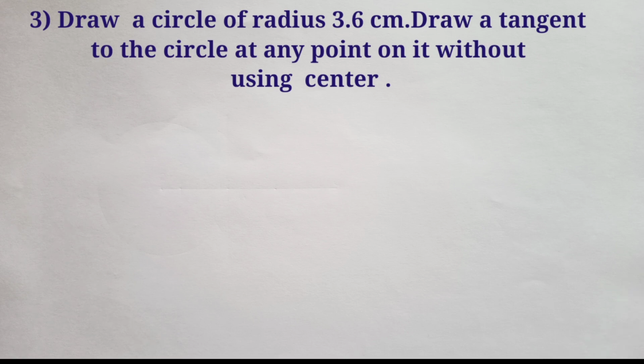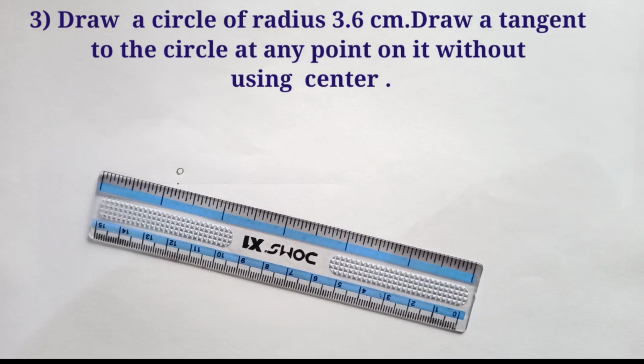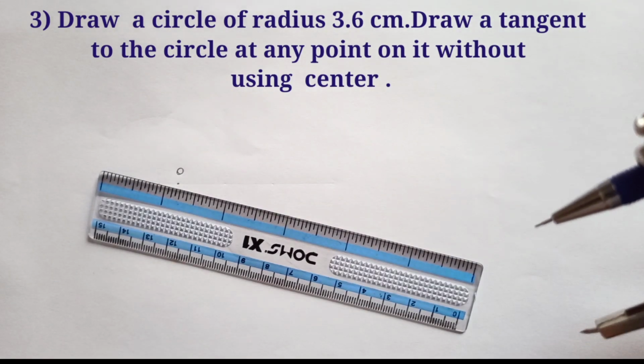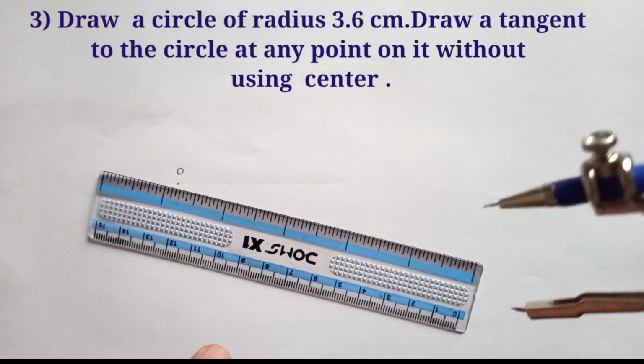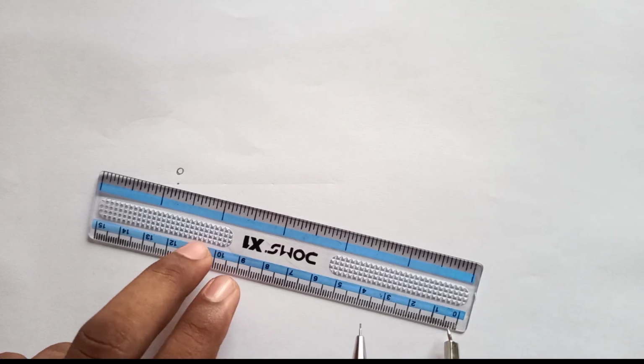Okay, so the radius of the circle is 3.6 centimeter. So let's take that 3.6 centimeter in a compass. So we are going to take here the radius of 3.6 centimeter.